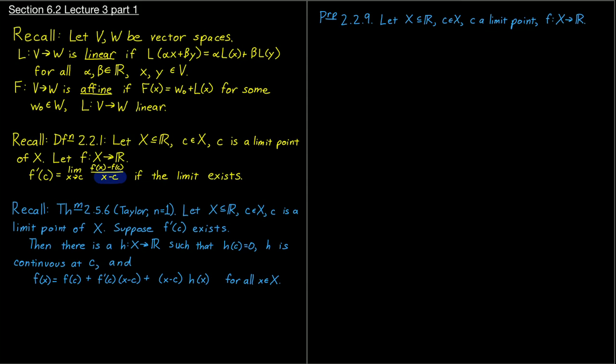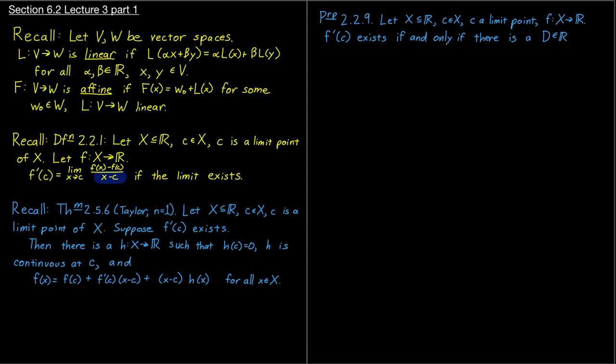So we have that f prime of C exists if and only if there is a number D in the real numbers.